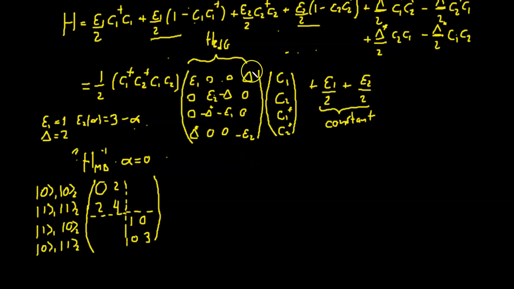Actually, it's just a matrix form. So it's just single particle in a sense. This is a one particle Hamiltonian. Notice, one particle means that these states are single particle, with only 2 states each.